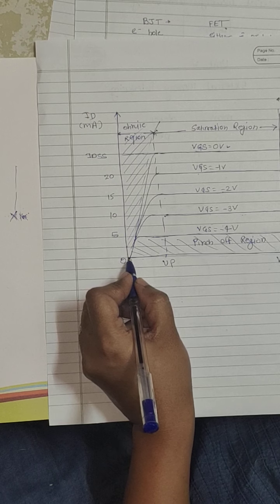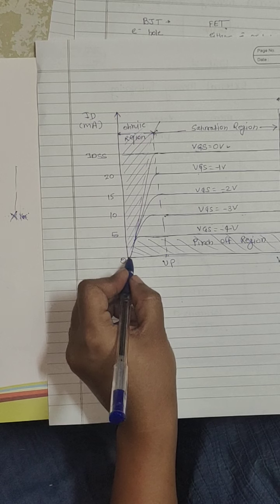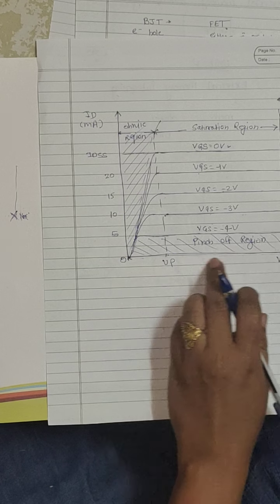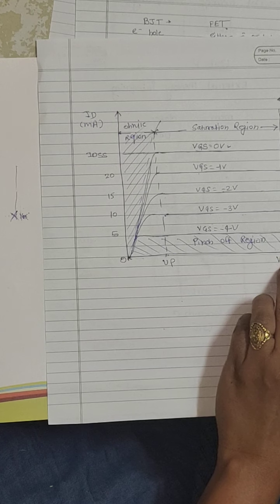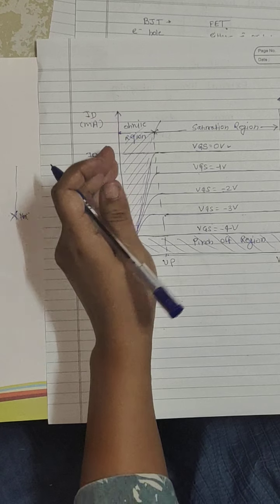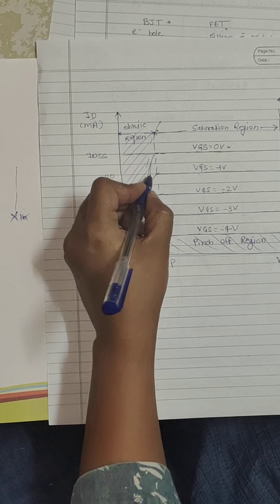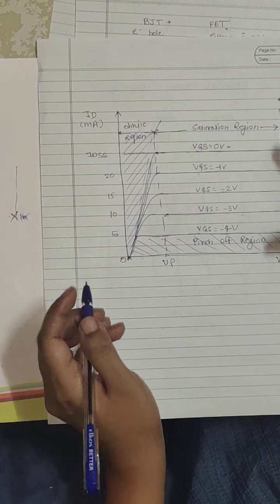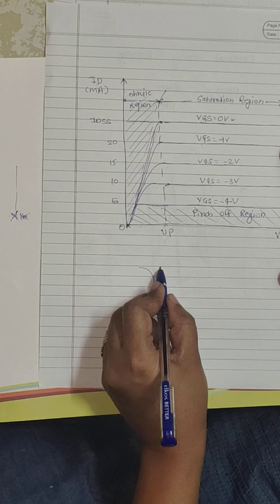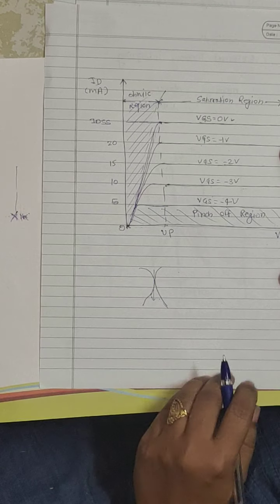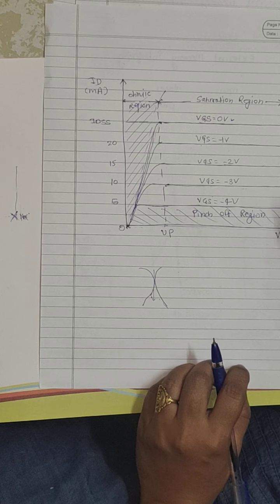initially, as we increase VDS, our drain current increases. We have discussed that as VDS, the voltage between drain and source, increases, the current also increases. At some point, both the loops get connected with each other. We called this pinch off, where blockage will be there.